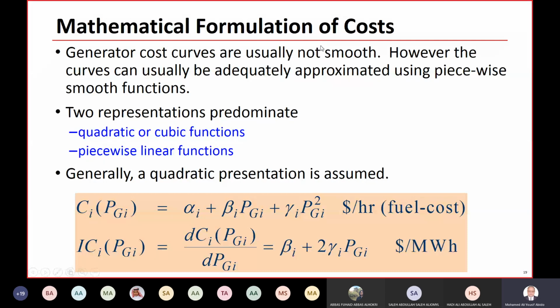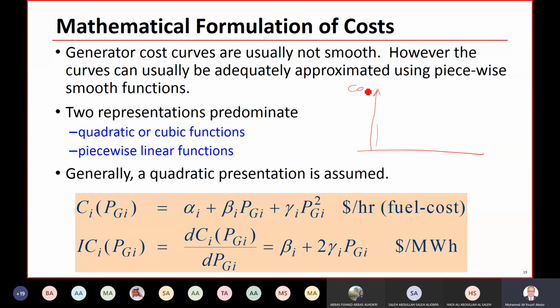Mathematical formulation of costs. Generator cost curves are usually not smooth. As we mentioned, you may have linear, non-linear, or discontinuous curves, for example if you have fuel switching. And not only discontinuous, you may have a cost curve like this one.